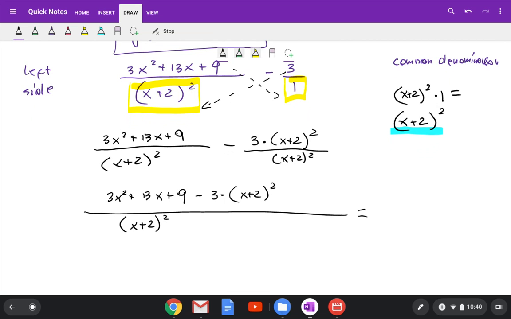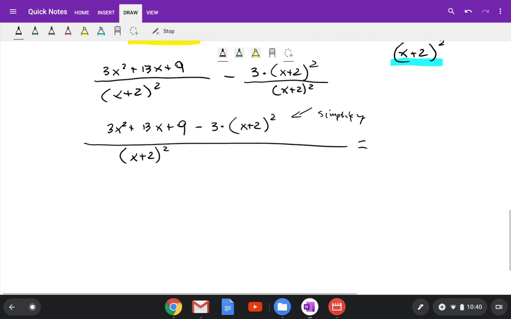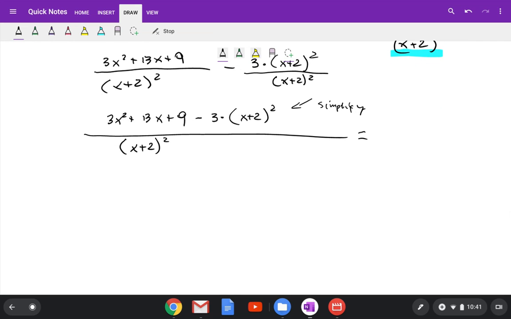Here on the top, you need to distribute. You need to simplify here. We're trying to combine like terms. It's way too many variables, too messy. So let's work with this: 3x squared plus 13x plus 9 minus 3.